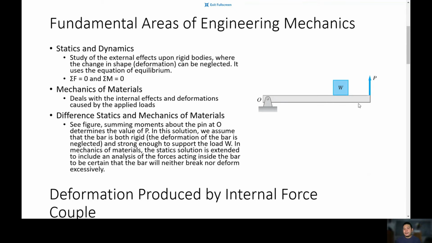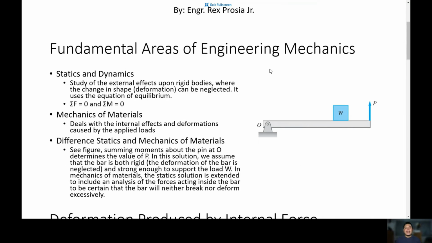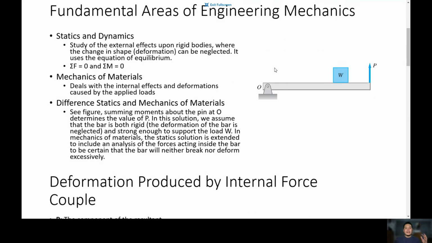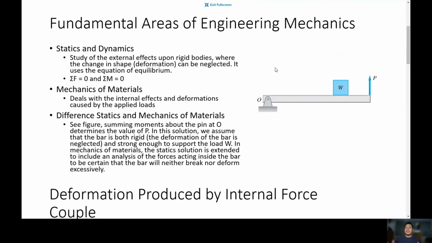All right, so like that. So basically, the difference is that statics and dynamics consider the external forces without considering the internal effects of the materials that we are using.